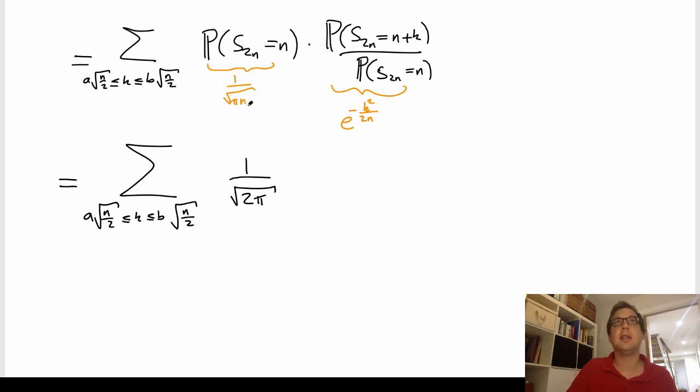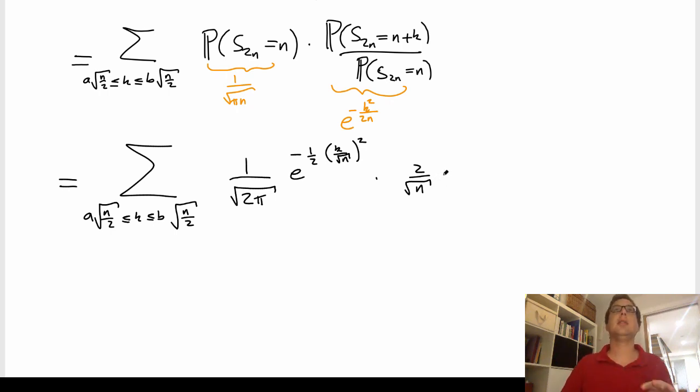I'm going to slightly change this expression here: e to the minus a half k divided by square root of n, squared. I just need to add back in my 2 over square root of n here.